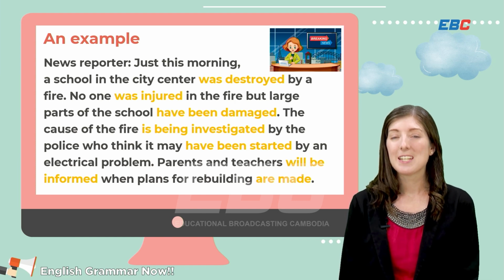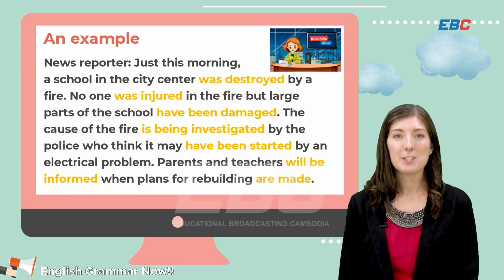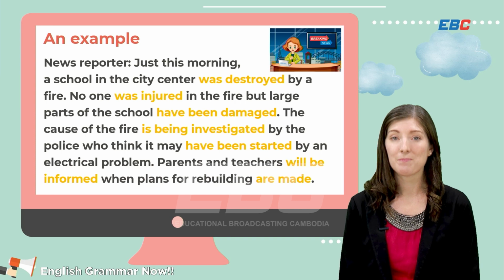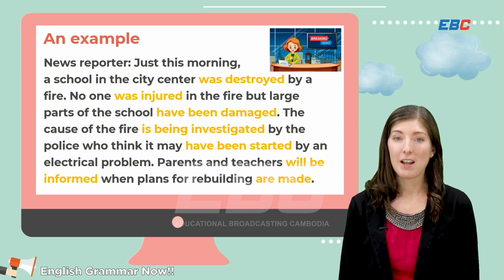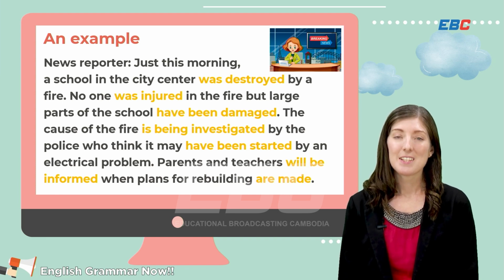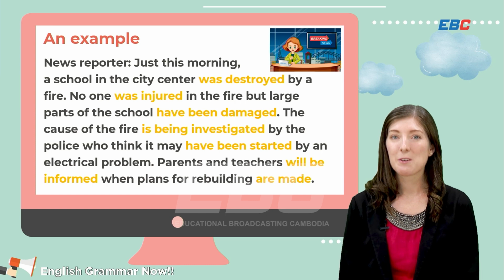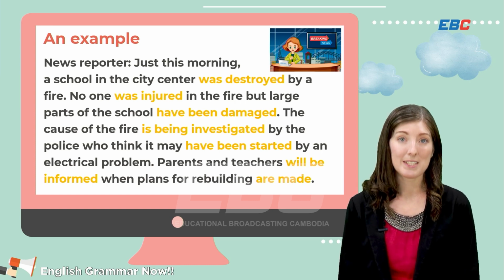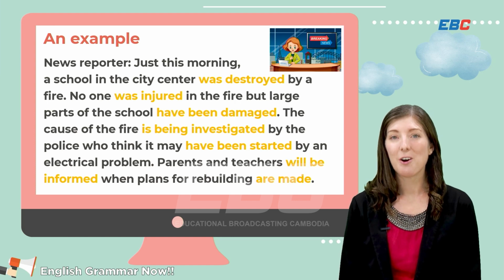You can also see that there are some examples of using by to show the subject as well. For example, by the police, by an electrical problem. So, those are some ways that we might use the passive, and some ways that we might hear the passive, especially in a place like on the news.